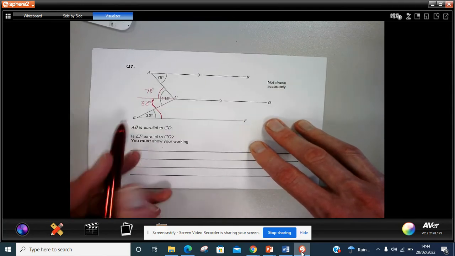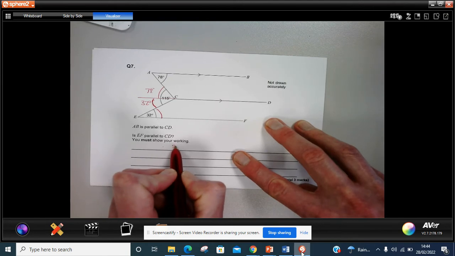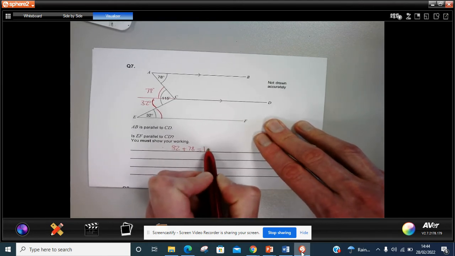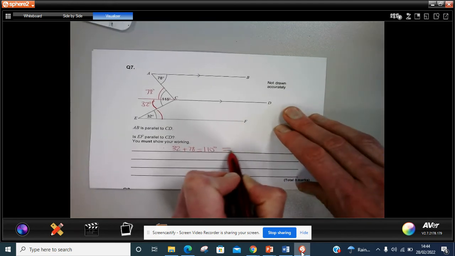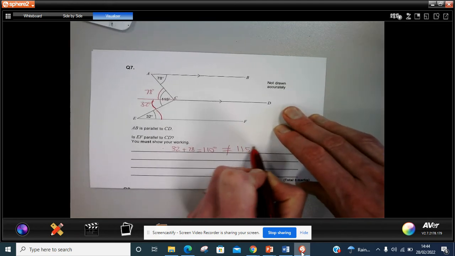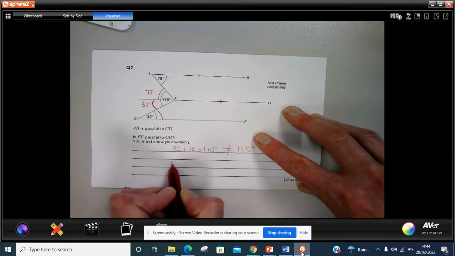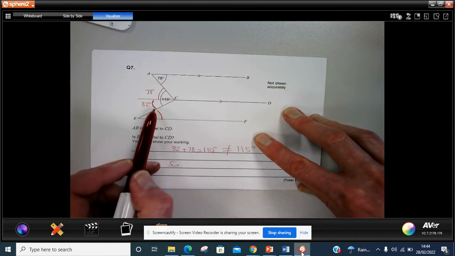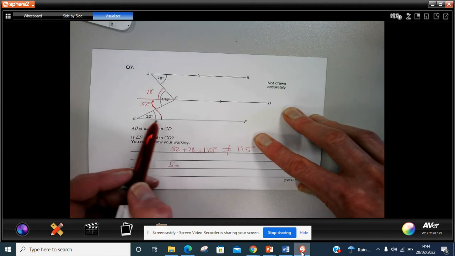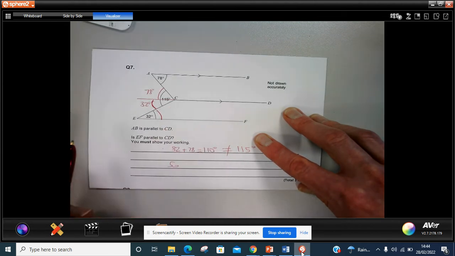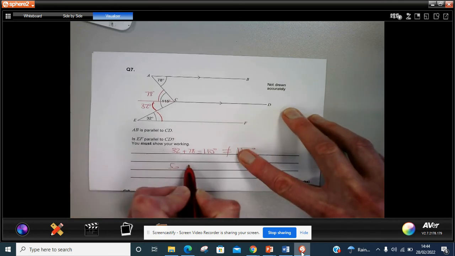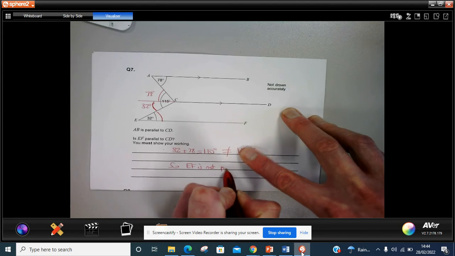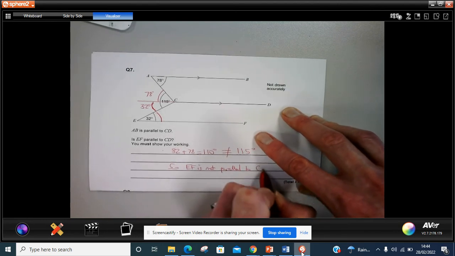And then if I have a look up here, 32 add 78 is 110 degrees, which is not the same as 115 degrees. So that means that this part of the angle here cannot be 32, which means that EF and CD are not parallel to each other. So EF is not parallel to CD.